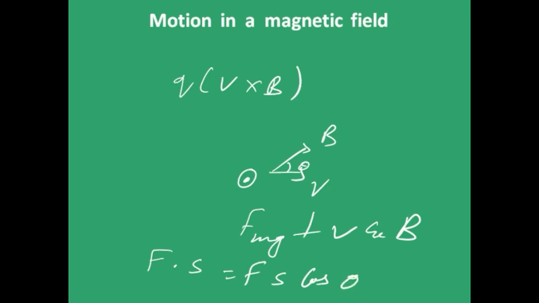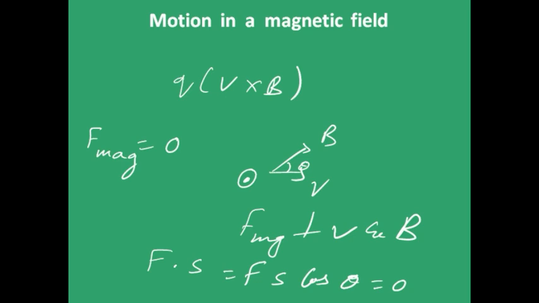And you see that the velocity and the magnetic force are always perpendicular. So theta here is 90, so it's going to be 0. I mean to say that the work done by the magnetic force is always 0. Magnetic force doesn't do any work. Hope everything is clear till now.